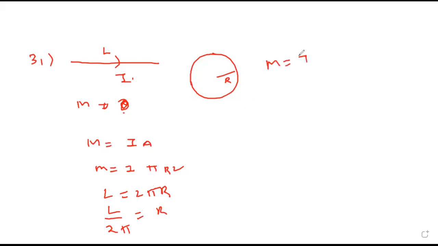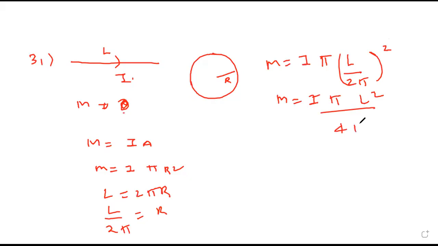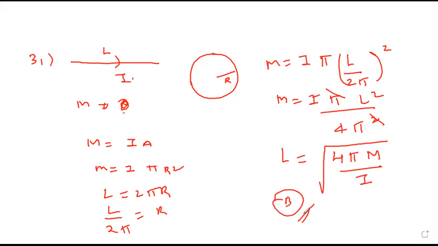Therefore, M will become I pi, R is L upon 2 pi the whole square. So M is I pi L square upon 4 pi square. This will get cancelled. So L will be root of 4 pi M upon I. Okay. Followed properly? Yes, sir. Solve.